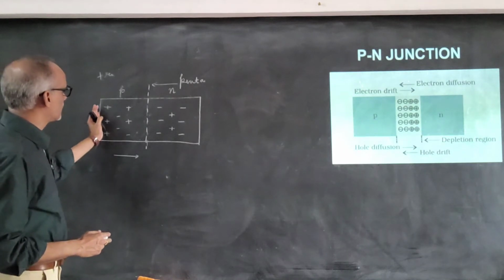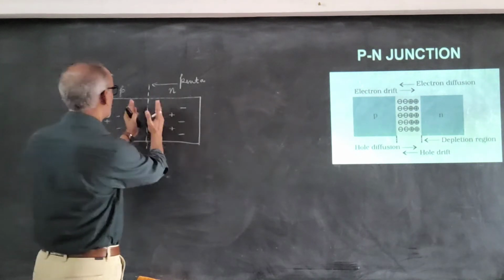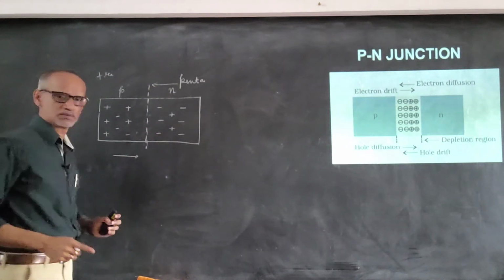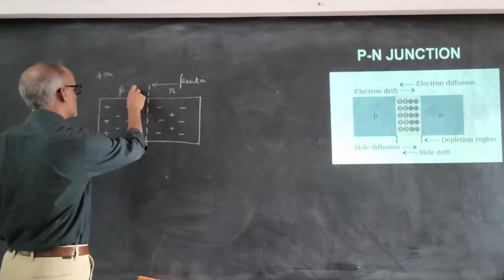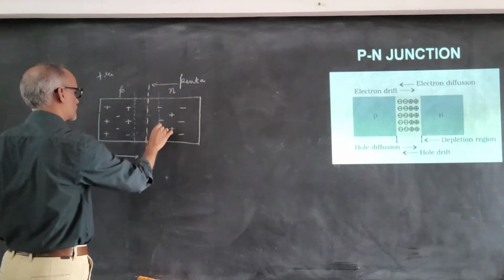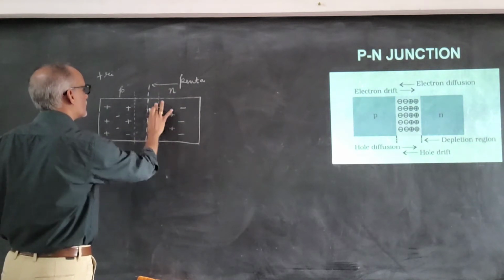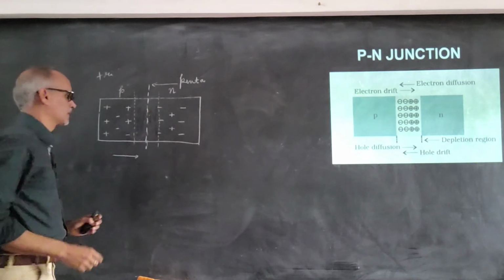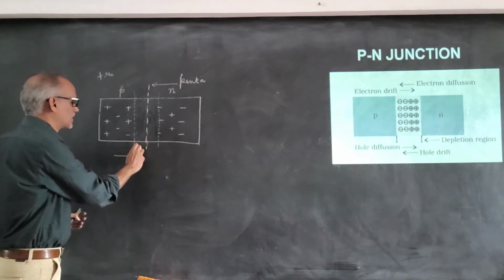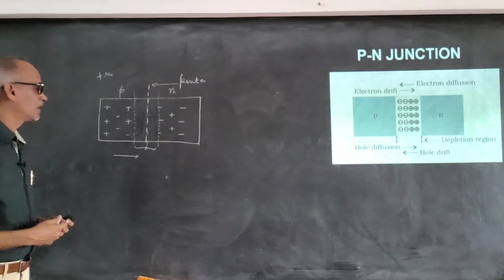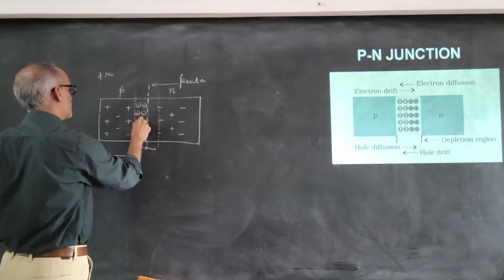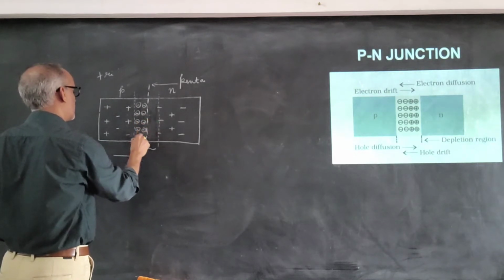And once the electrons and the holes move across the boundary, the electron-hole combination near the region creates an area where we find no charge carriers, and due to which only ions are left in that region.